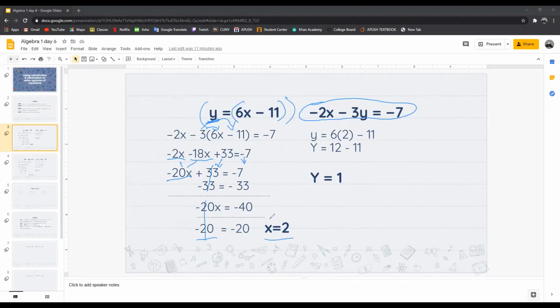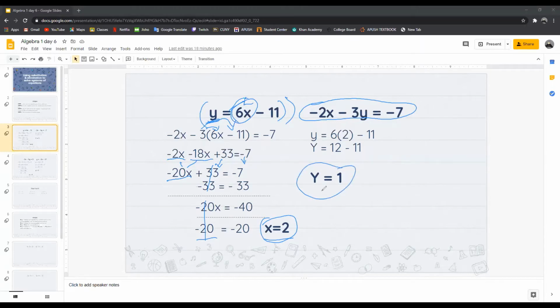So you'll plug our x term into the x in our 6x, which is seen over here. And you would just combine everything. So 6 times 2 equals 12. Subtract 11 from 12 and you get y equals 1.